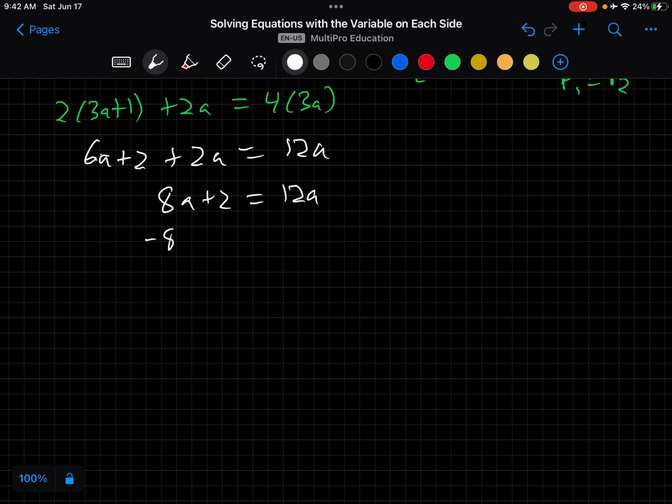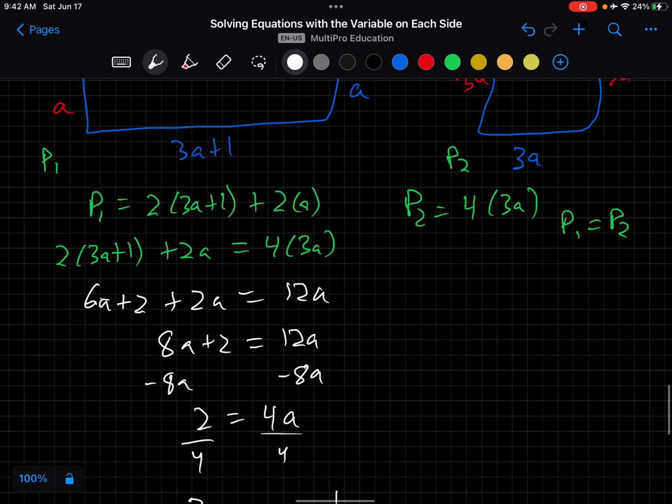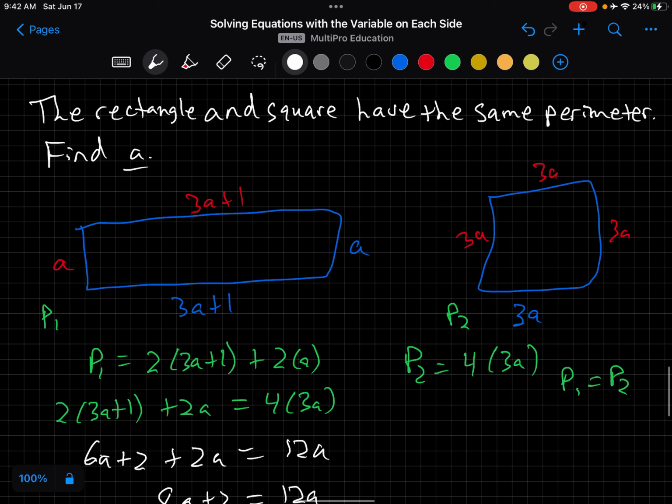Okay, so we'll subtract 8A from each side. So 2 is equal to 4A. Let's divide by 4. So we find that 2/4 is equal to A, and that equals 1/2. Alright, so we found A. A is 1/2.